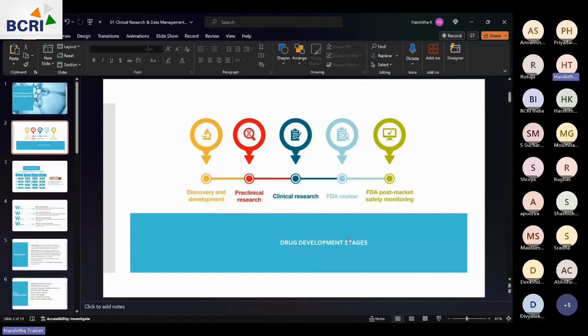Preclinical research is all about conducting research on animals. Animals here are mice, rabbits, monkeys, depending on the chromosomal match. Animal clinical trials are nothing but preclinical trials. I need to get animal ethics approval. And for discovery and development, in case I find any new molecule, I should try to get a patent.